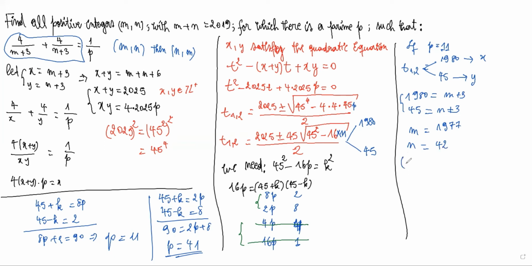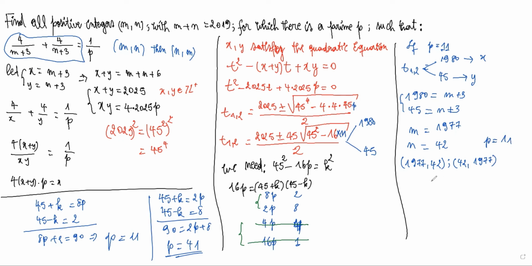In other words, you have 1977 and 42, and the permutation, 42 and 1977. This corresponds to the prime p equals 11.